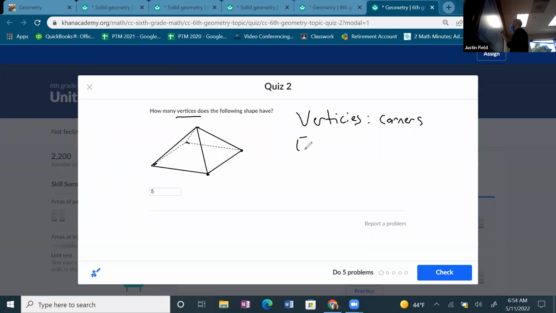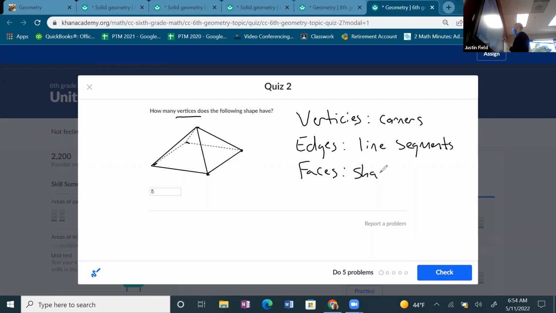We have edges, we have faces. So edges are the side line segments. And then faces are shapes. So let's color code this a little bit.